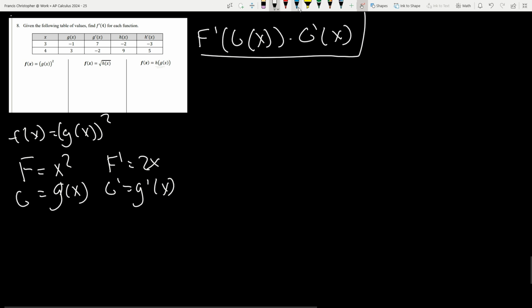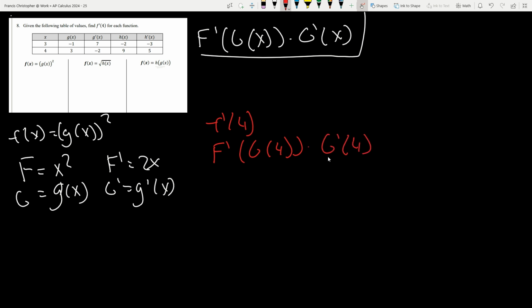And now, since we've defined everything, we just need to find f prime of 4, right? So we're going to plug in 4 for x. F prime of g of 4 times g prime of 4. F prime of something, which we'll find now.